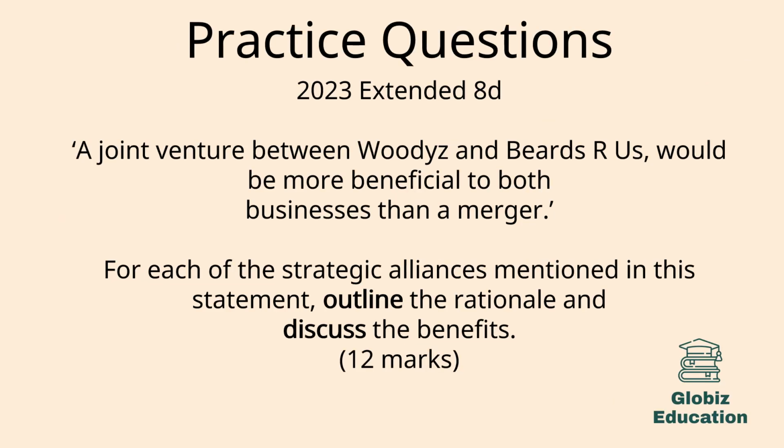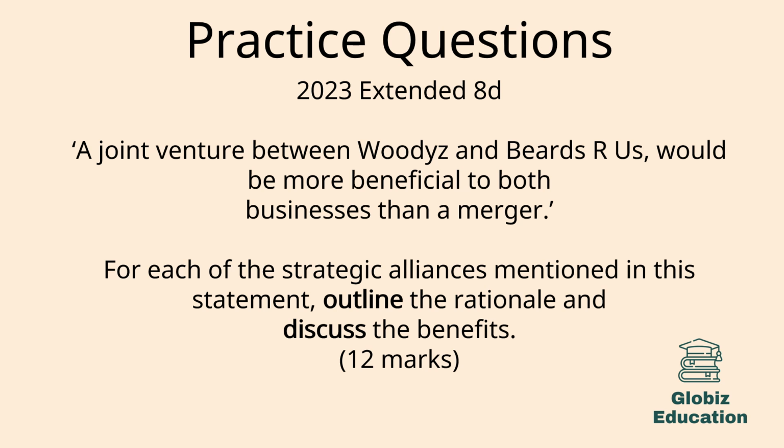So this topic has come up numerous times in the WACE exam, in both the extended response section and the short answers. The last exam was in the extended response, in 2023, and it was a pretty tricky question actually, because there were 2 parts to it.